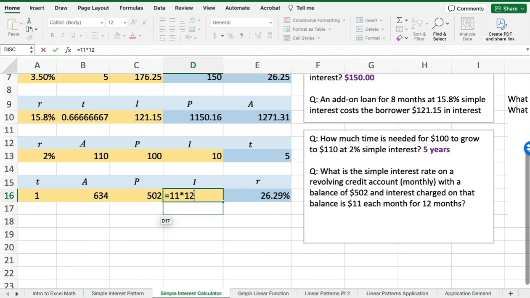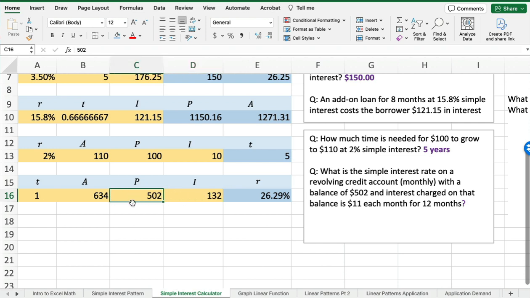So for an entire year, that would amount to $11 times 12 or $132. So we're paying interest on this revolving credit account every month. And it doesn't seem like a lot every month, but when you multiply by 12 months, you're paying $132 interest on a balance of $502. So that's under capital P.